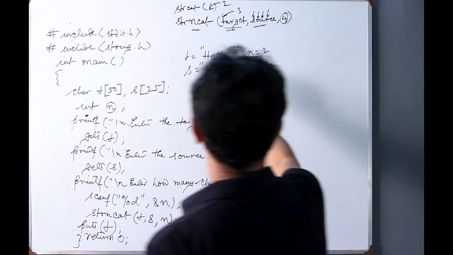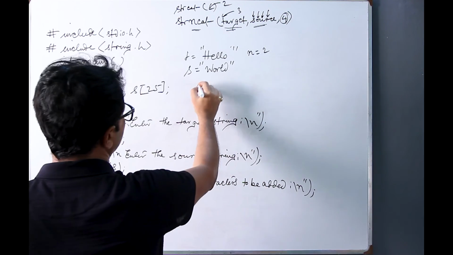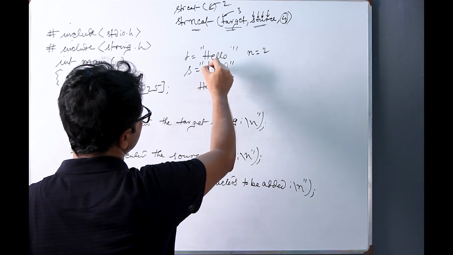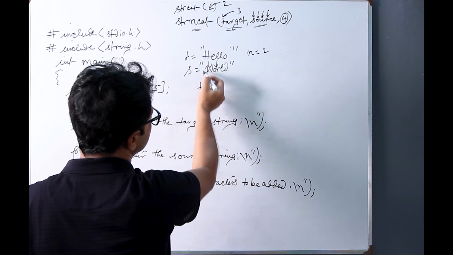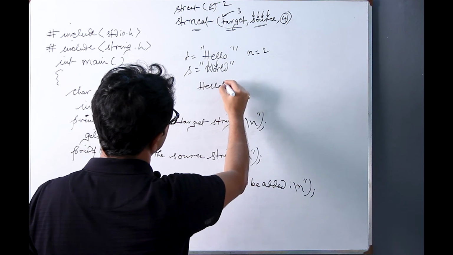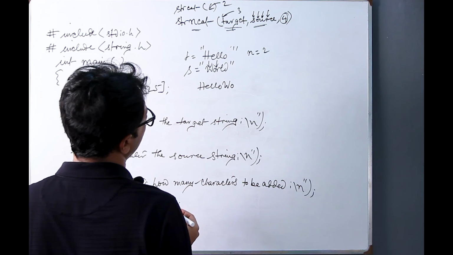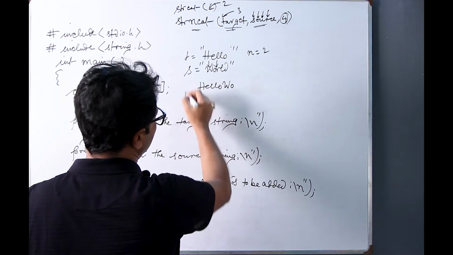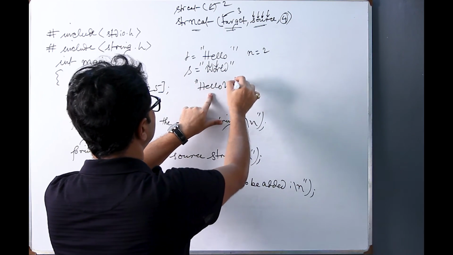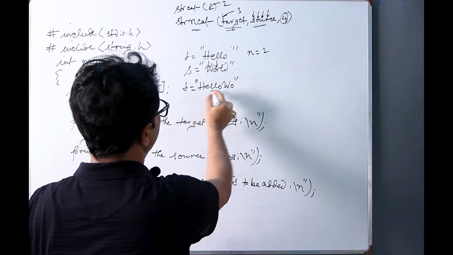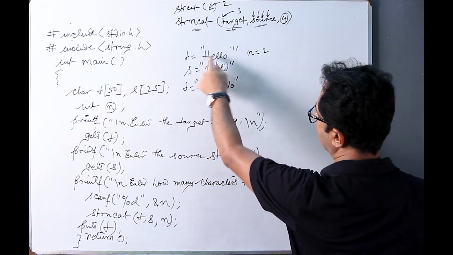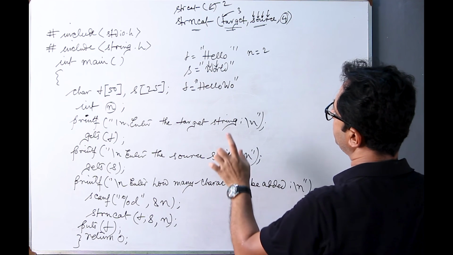What will be the output of the program? The target string hello will be concatenated with the first 2 letters of the source string. So WO is appended to hello, giving the final target string as helloWO, without any spaces, because I have not kept any spaces in between.